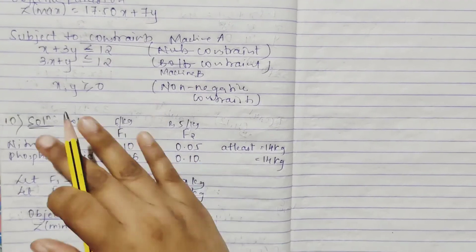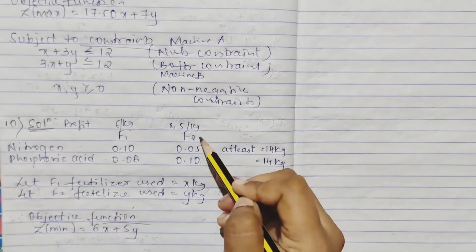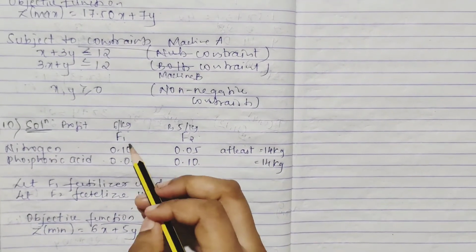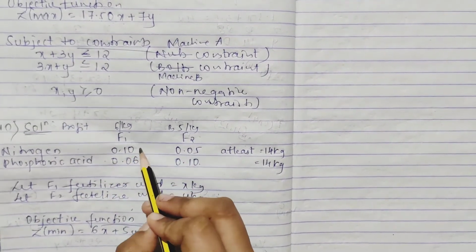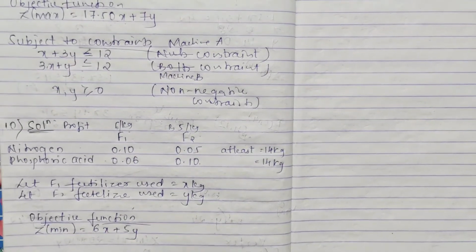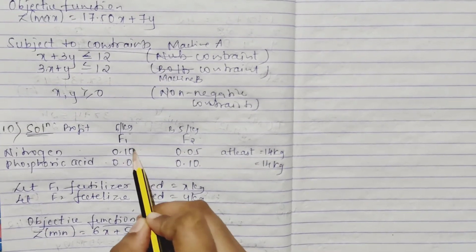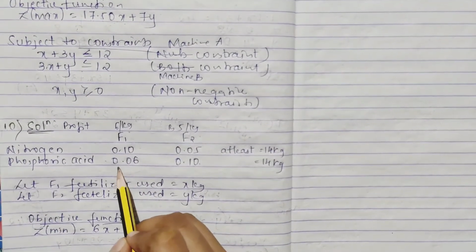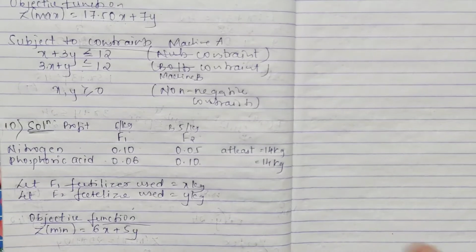Fertilizers F1 and F2, and nitrogen and phosphoric acid. Nitrogen for F1 is 10%, so convert the percent: 10% will be 0.10. Phosphoric acid is 6%, which is 0.06. Don't write 0.60, because that would be for 60%.